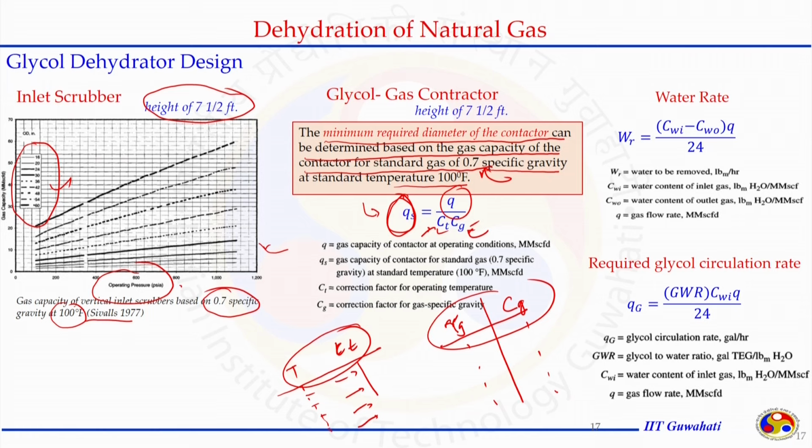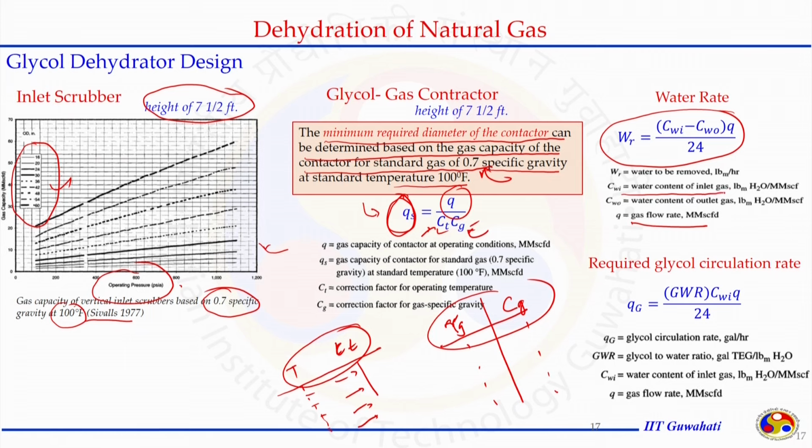An important parameter is how much water has been removed from this tower, or absorption process, which can be calculated by the expression Cwi minus Cwo multiplied by Q, that is the gas flow rate.